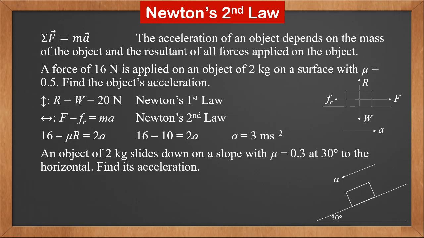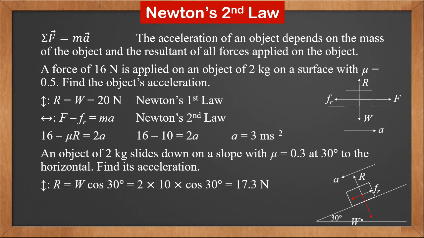An object of 2 kilograms slides down a slope with mu equals 0.3 at 30 degrees to the horizontal. Find its acceleration. First, sketch the force diagram. There's weight, normal reaction, and friction. Resolve weight in both directions. Perpendicular to the slope, the object's acceleration is 0.